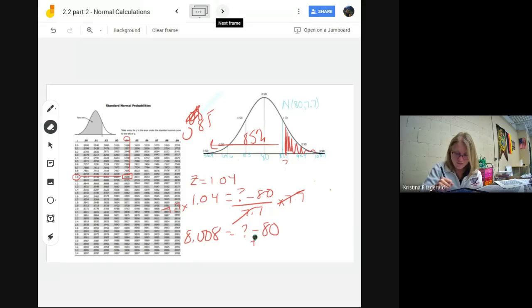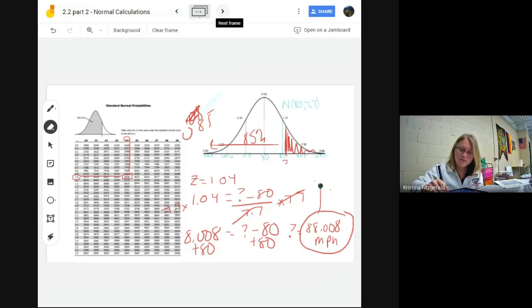And if I add 80 to both sides, doing a little algebra, my question mark is going to be 88.008. So this is not a percentage now. This is the miles per hour that I would have to drive in order to be located here and be in the top 15%.